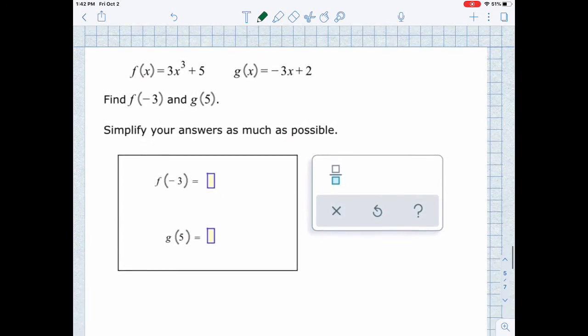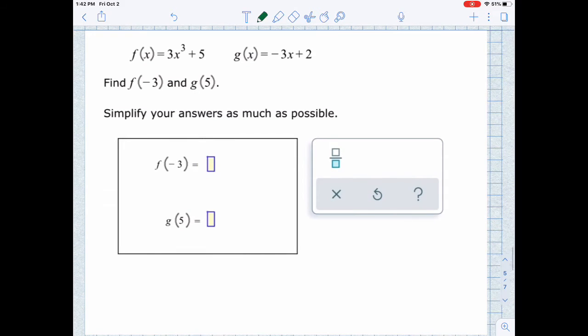Here we have two different functions, and notice this one is called f of x and this one is called g of x. Both of those are y's. They're just fancier names. f of x is just a different name to specify this particular function compared to the g of x, which is a different one.